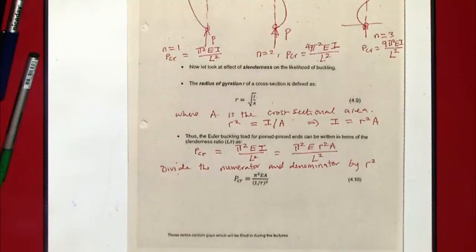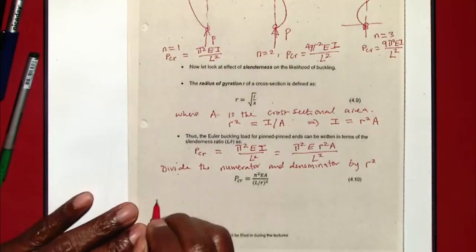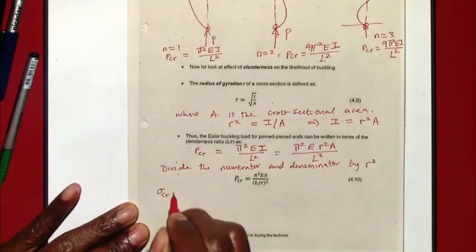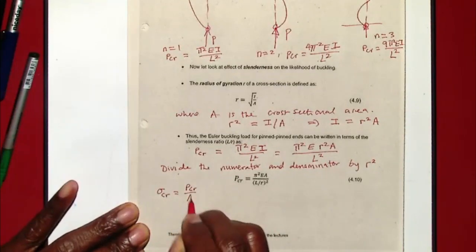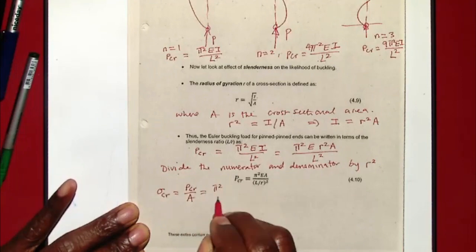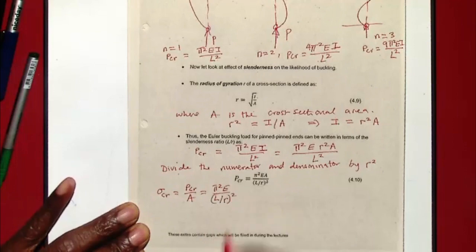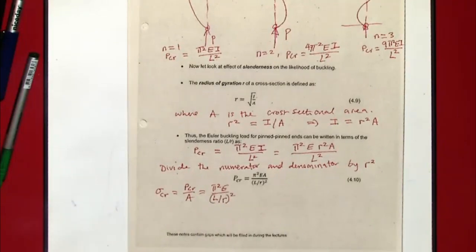Now, if I look at my stress, recall what we said about the stress. The stress, when it first becomes P critical all over area, is now pi squared E all over L over R squared. So I now say that critical stress depends on the ratio between the length and the radius of gyration.